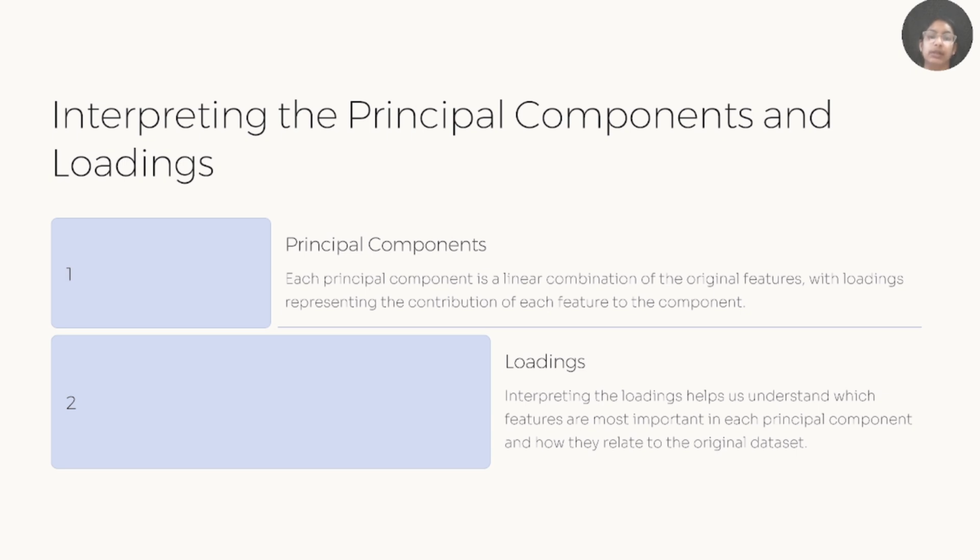Each principal component is a linear combination of original features, with loadings representing the contribution of each feature to the component. Loadings help in understanding which features are most important in each principal component and how they relate to the original dataset.